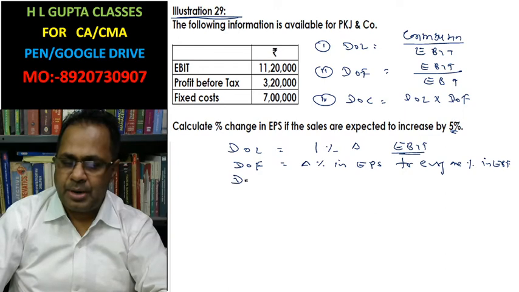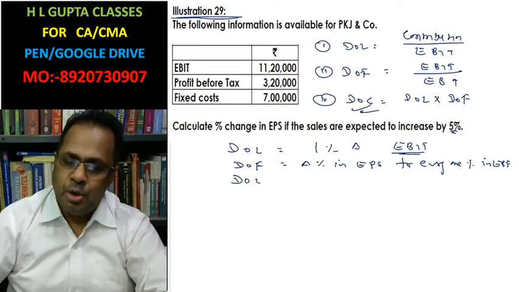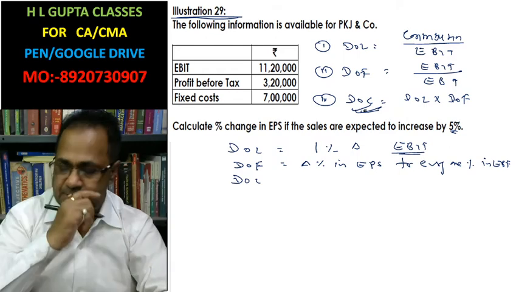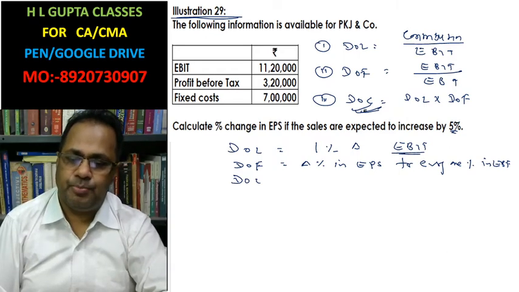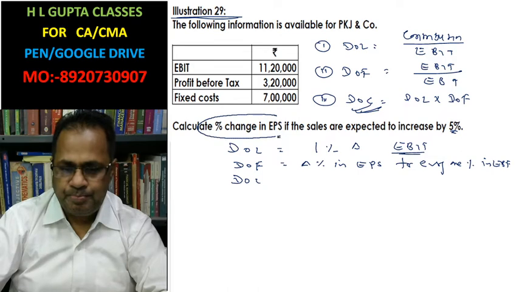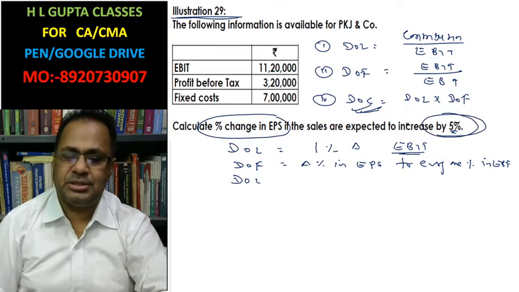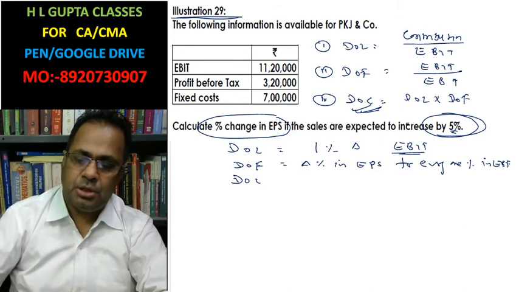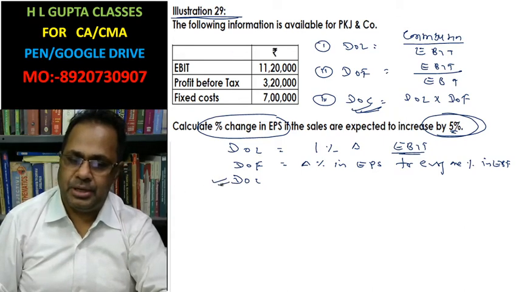Degree of combined leverage represents percentage change in EPS for every 1% change in sales revenue. So here you have to find the relationship between percentage change in EPS for 5% change in sales. It means you have to calculate degree of combined leverage.